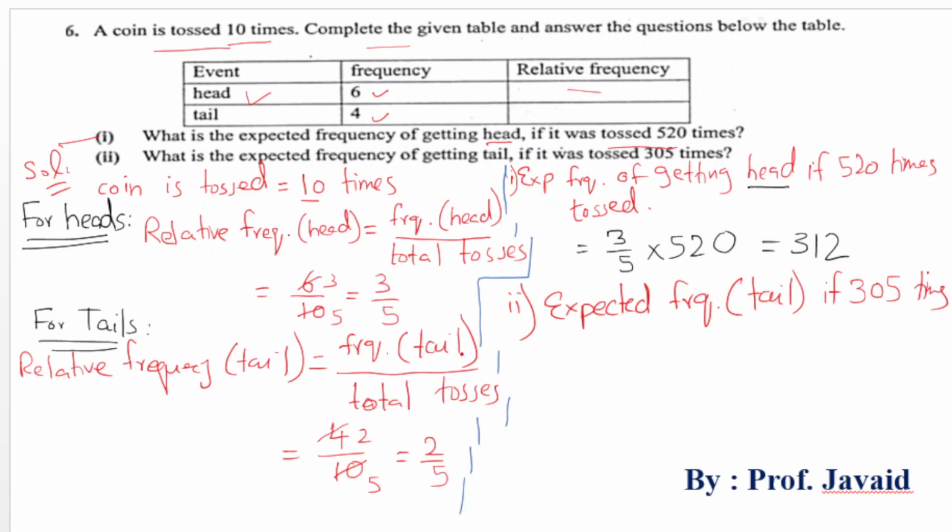About tail, the answer we got is 2 by 5, so 2 by 5 times 305.